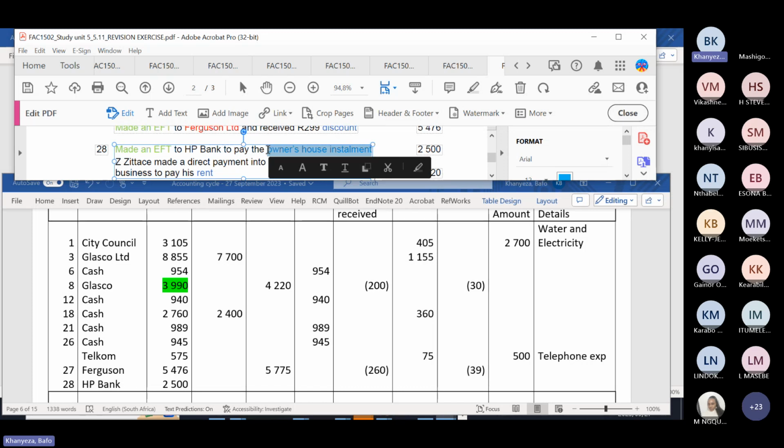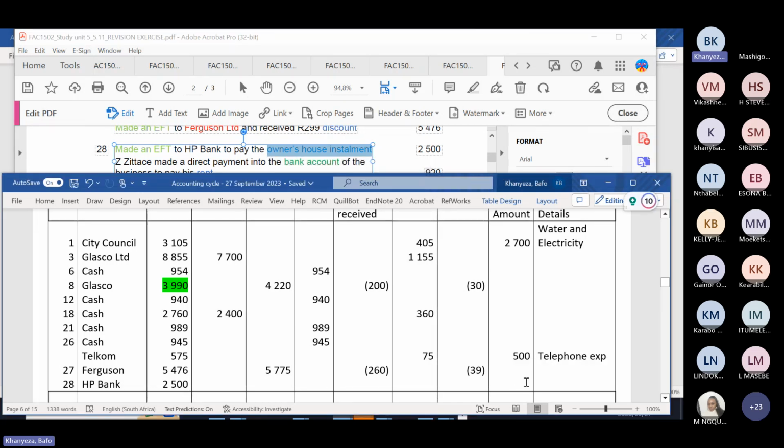Sometimes the business pays the owner's installments or expenses, or kids' school fees, using the business's account. If you go on auditing, those are drawings. Because he was paying his installment with a business account, he was making a drawing. Remember I said you must separate the business and the owner. These are drawings, 2,500. This must have been the last one or the one before last.